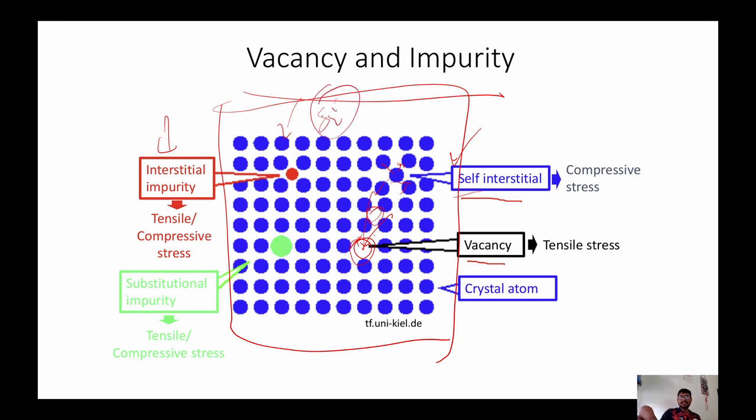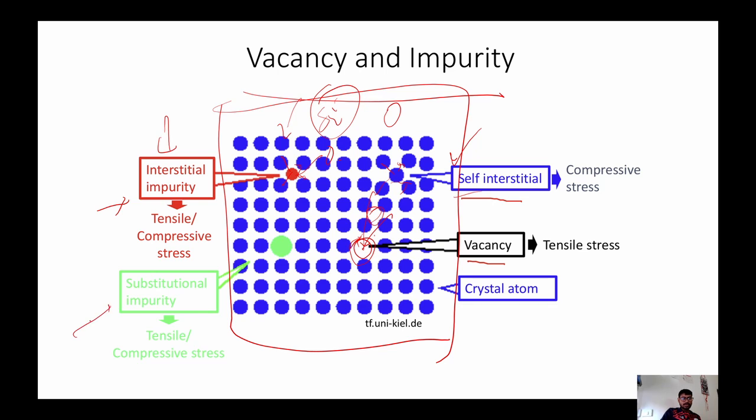Other than silicon, if any other atom like oxygen, let us say this is oxygen, or germanium, sits at the interstitial position in the crystalline structure, then it is an interstitial impurity, and it forms a tensile stress over the other atoms in the crystal structure.